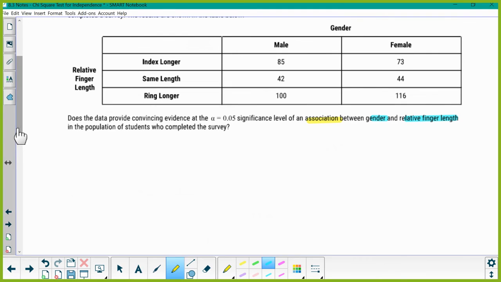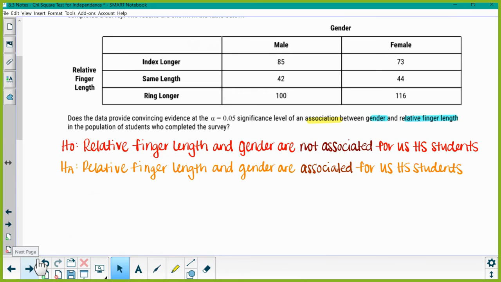Let's go ahead and write our hypotheses. Now, this one I did write with association in mind. The null is the relative finger length and gender are not associated for US high school students. And the alternative is relative finger length and gender are associated for US high school students. Either method, whether you use independent or whether you use associated, is valid.